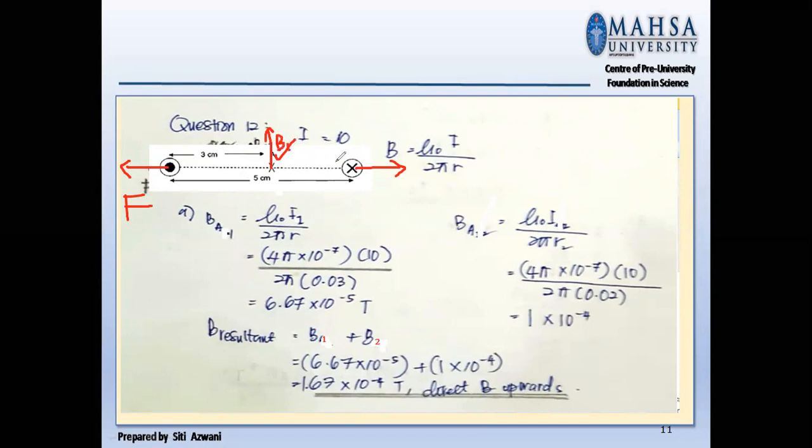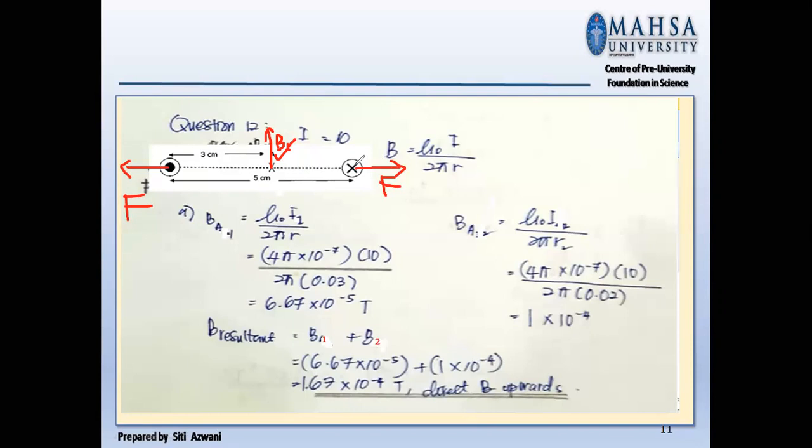How about the B2? B2 is produced at point A here. By using the Fleming left-hand rule, now you have a current into the page, and then the F, the thumb, must go to the right. Then what happens to the direction of your magnetic field B?